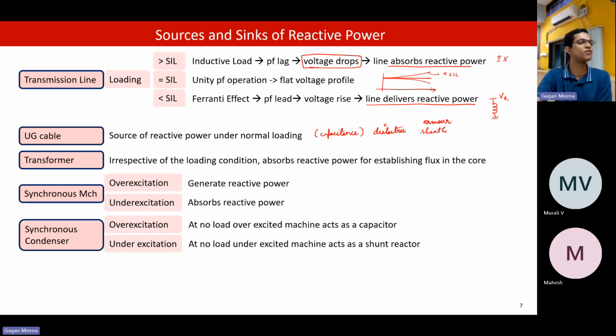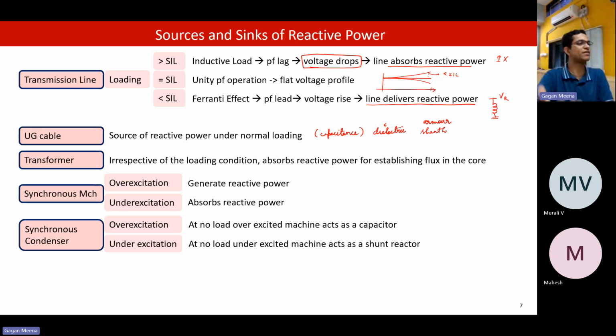Or if you want to do both with capacitor and reactor, then we have to use a combination of both capacitor as well as reactor. They have mechanical switches which can be used in different combinations, and depending upon the voltage requirement, the reactive power generation or absorption, we can switch these different capacitances.